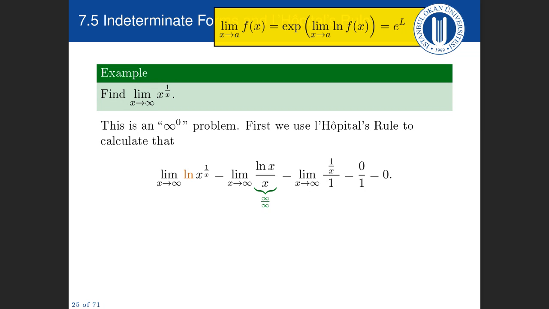The final step is to calculate e to the power of this number. The limit that we really want is e to the power 0, which of course is 1. The answer to this problem is 1.